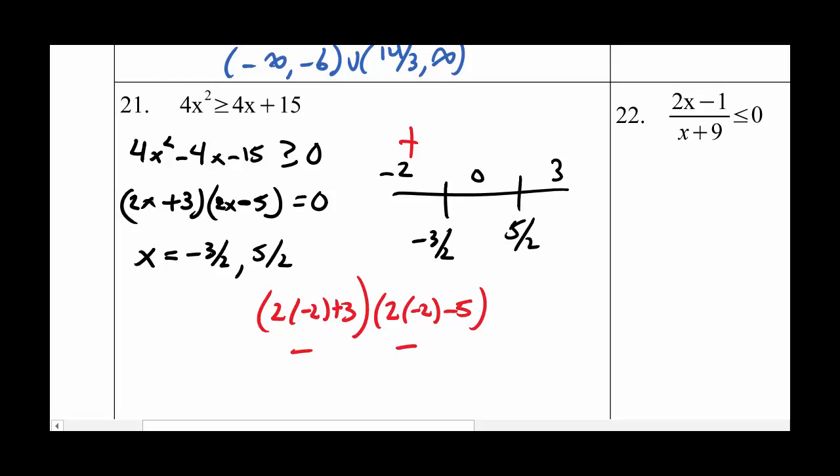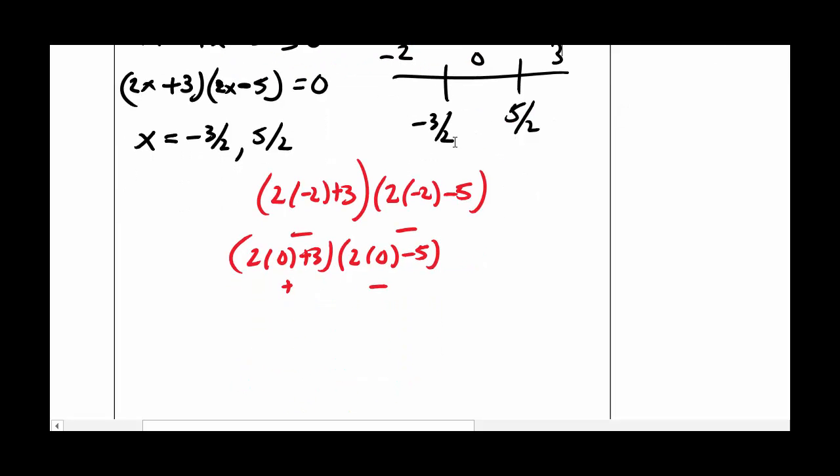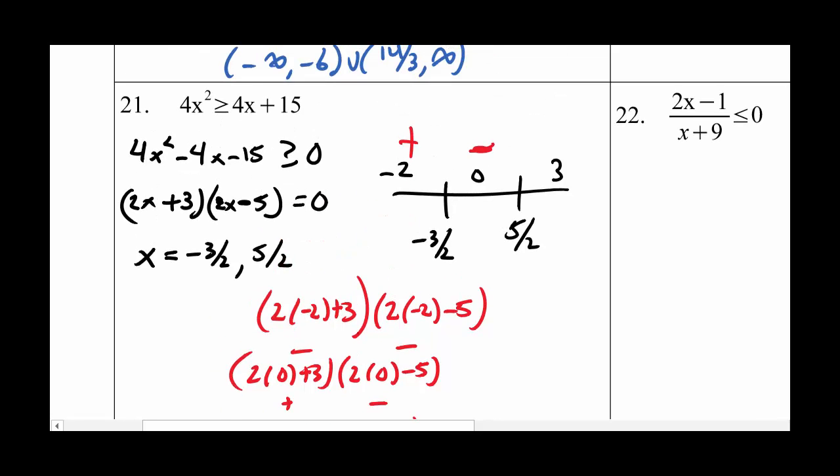If I put a 0 in, so 2 times 0 plus 3 and 2 times 0 minus 5, I get a positive and a negative, so that means my y values are negative. And if I evaluate it at a 3, so 2 times 3 plus 3 and 2 times 3 minus 5, I get a positive and a positive, which means it's above.